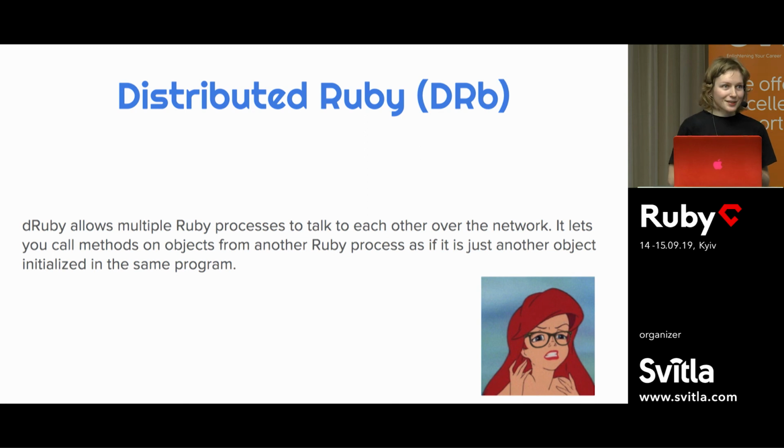Yeah, and the last thing that I want to mention within this talk is that even before it was mainstream, there was Distributed Ruby, which allows multiple Ruby processes to talk to each other over the network. And you can directly call methods from one Ruby process, for example, some method on some object in a completely different Ruby process.